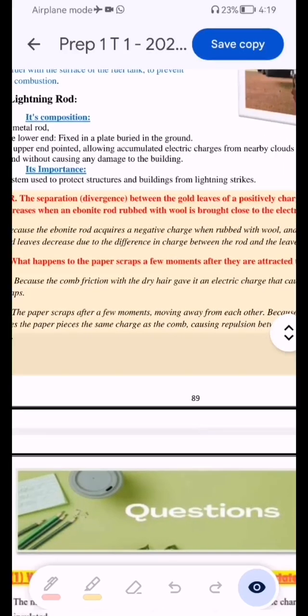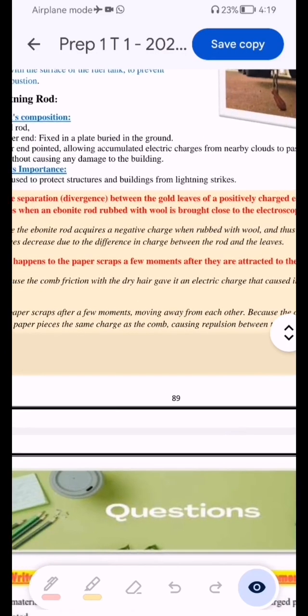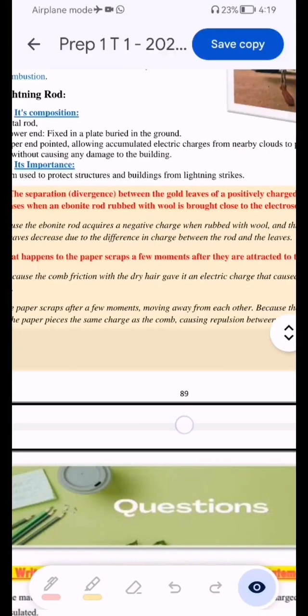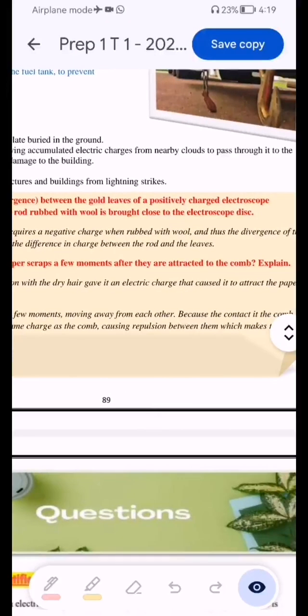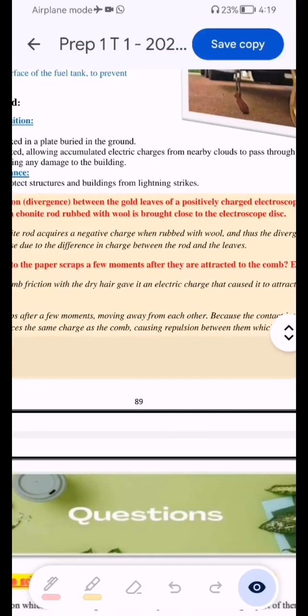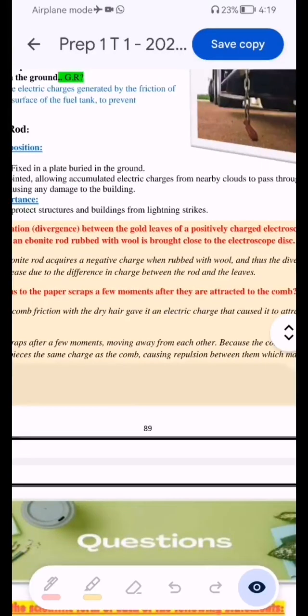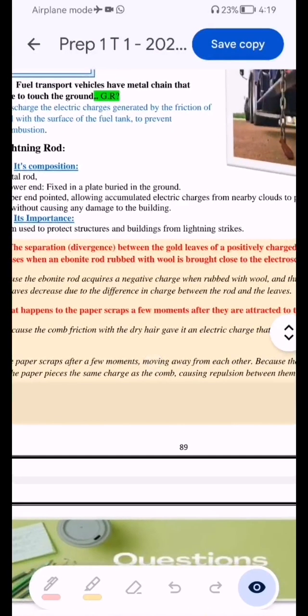Give reason: the separation or divergence between the gold leaves of a positively charged electroscope decreases when an ebonite rod rubbed with wool is brought close to the electroscope disc. The electroscope disc has a positive charge, and the ebonite rubbed with wool will have a negative charge. So what happens when we bring the ebonite near the copper disc of this device?